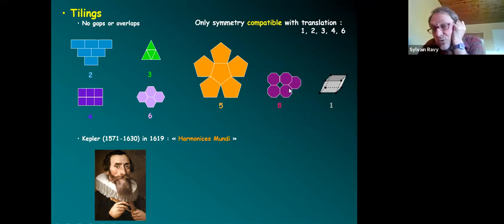And you cannot do that with octagons or larger because you have overlaps. So the only way to have a tiling of the plane is to use symmetry 2, 3, 4, or 6, or 1, period. There are no other possibilities.